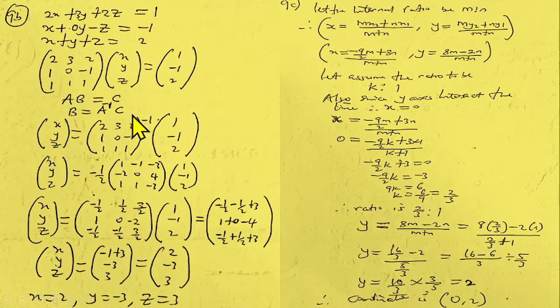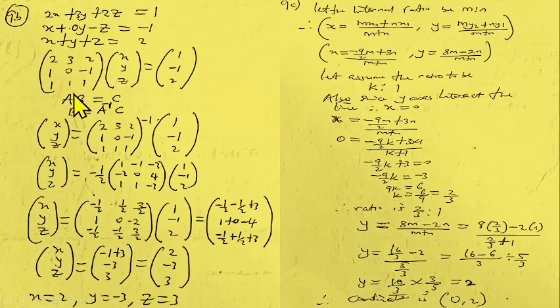B equals C over A. But don't forget that you can also rewrite that as A raised to power minus 1 times C, as you are seeing here right now, where A raised to power minus 1 means 1 over A, times C. And I hope you understand what we have gotten here. So this A raised to power minus 1 is the inverse of A. So fine, if you understand that now, what you are having here is the same thing as the expression you are having here as well.